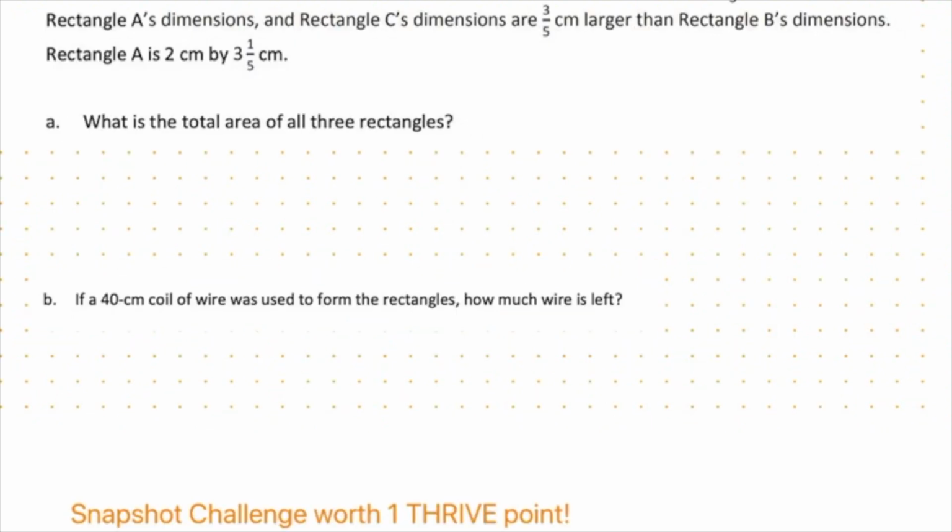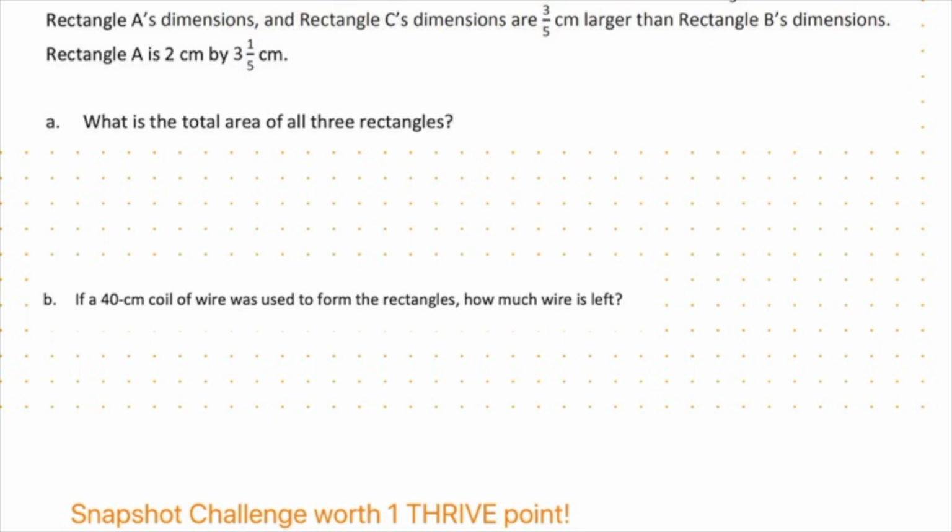Question number 4. Some wire is used to make 3 rectangles, A, B, and C. Now, before I move forward, it's very important that if you do not already have a piece of paper and a pencil in front of you, that you push pause and get that right now.